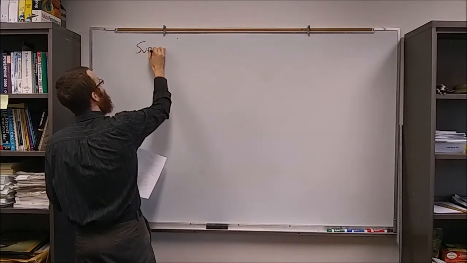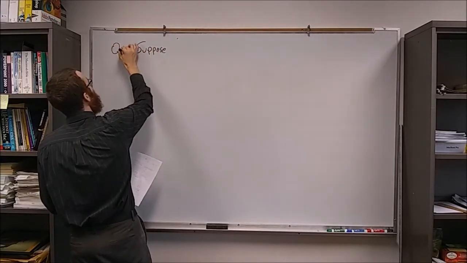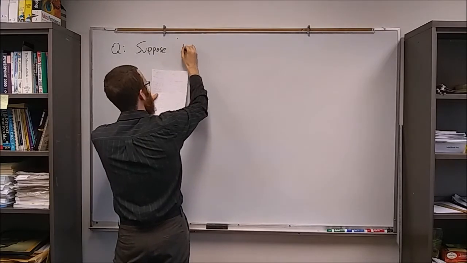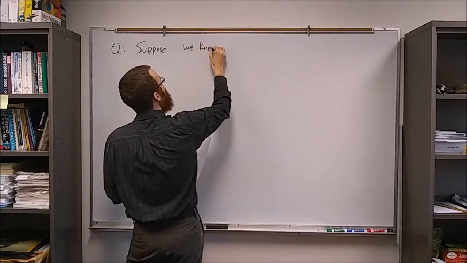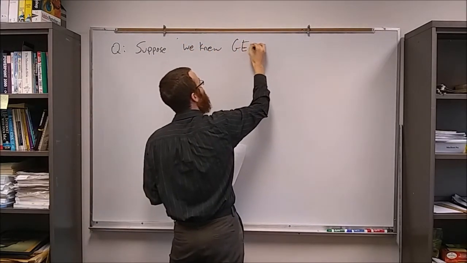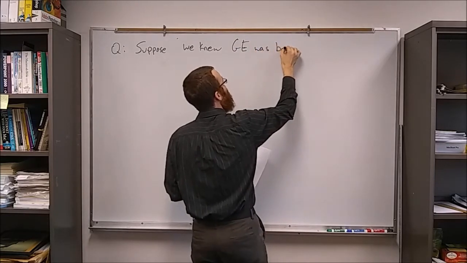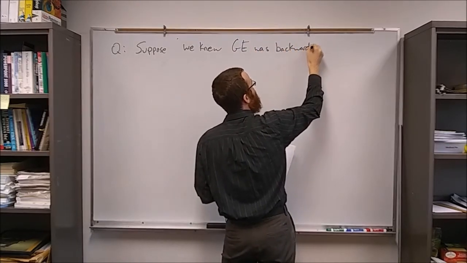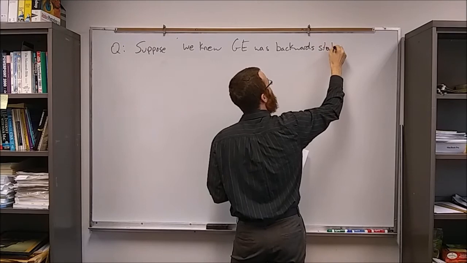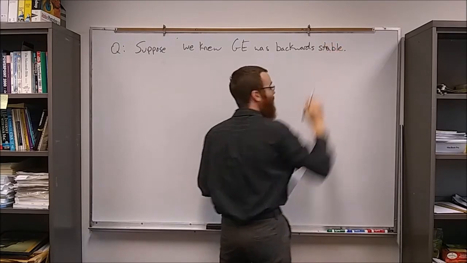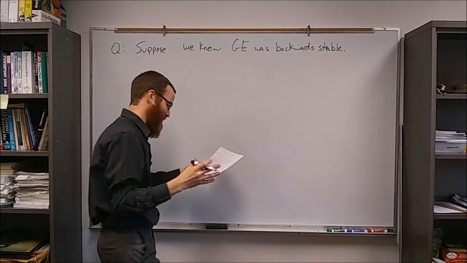So suppose we knew that Gaussian elimination was backward stable. We don't know that yet, but let's say we knew that.